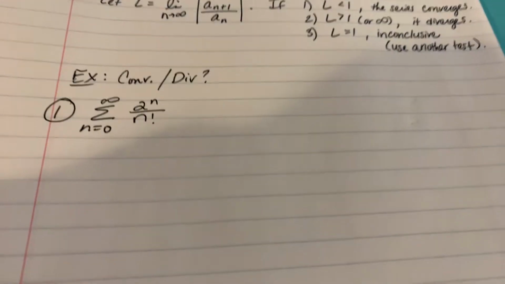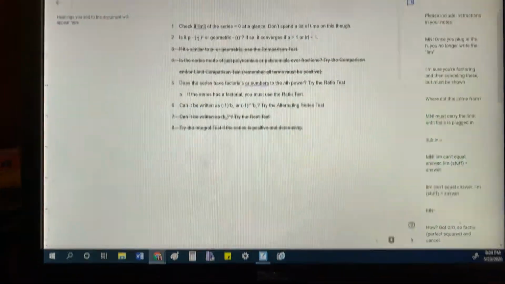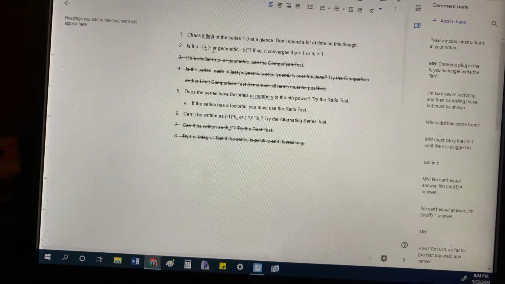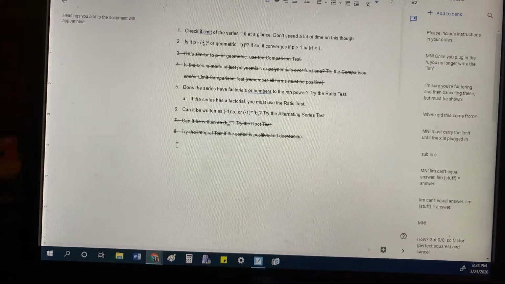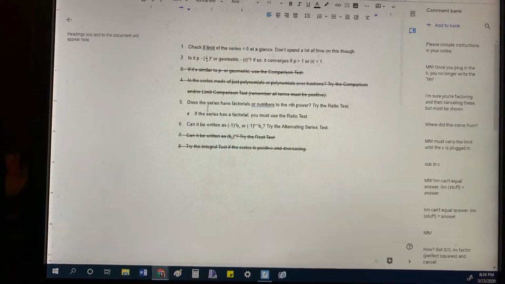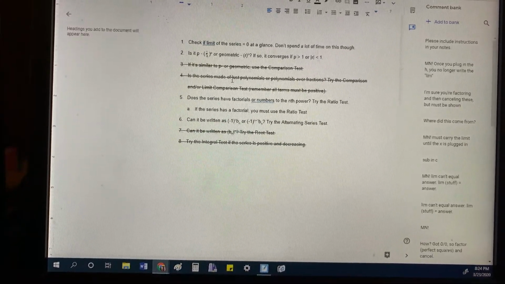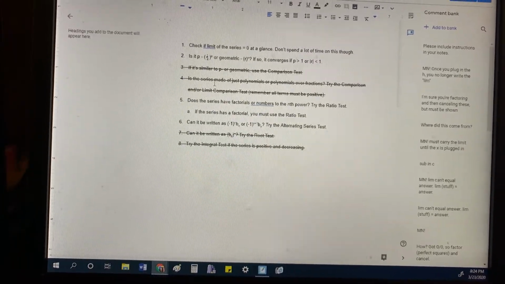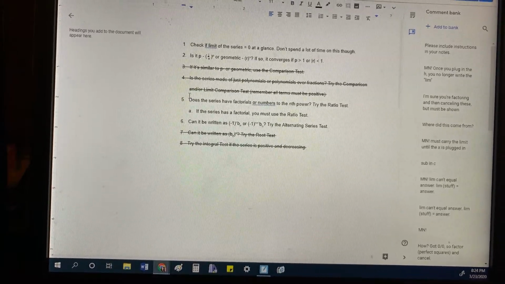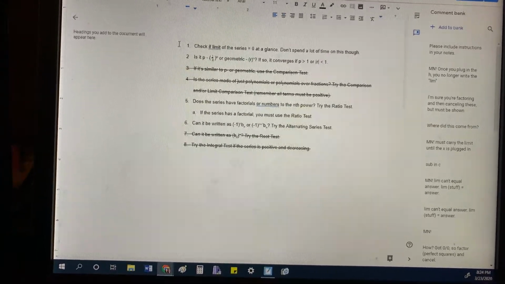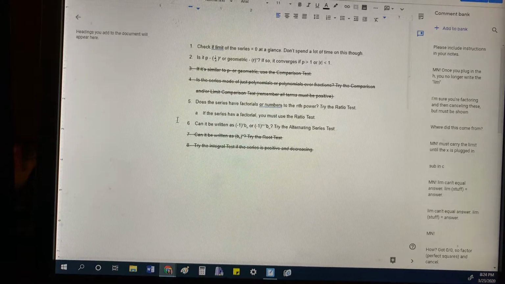Now, as you saw from that list you made, which I pulled Andre's up, we're going to cross off 3, 4, 7, and 8 now because they have been removed from this test due to the COVID virus. So issues. Normally we would have all of these here, but we're just doing 1, 2, 5, and 6.